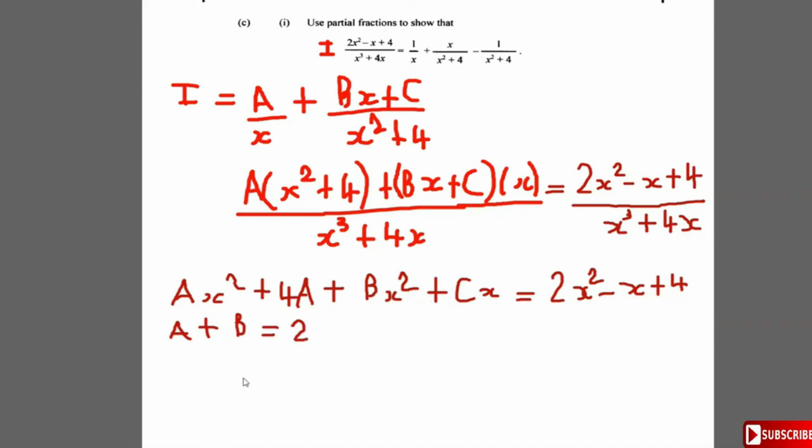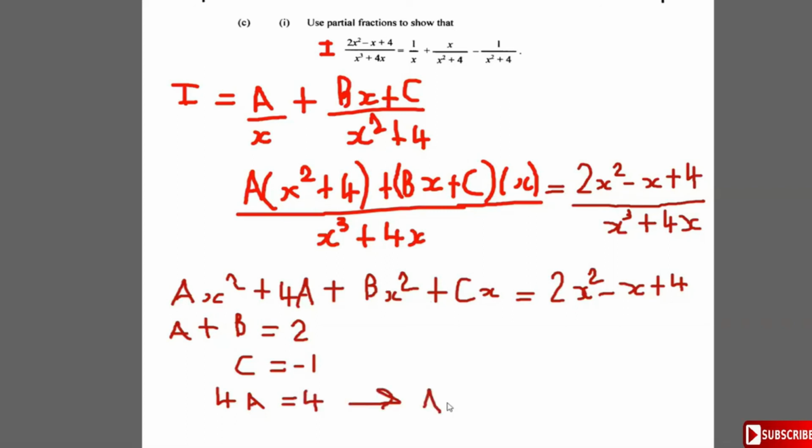Equating x terms, you're going to have c is equal to -1. And then equating the constant, you're going to have 4a is equal to 4. Now, since 4a is equal to 4, that implies that a equals 1.